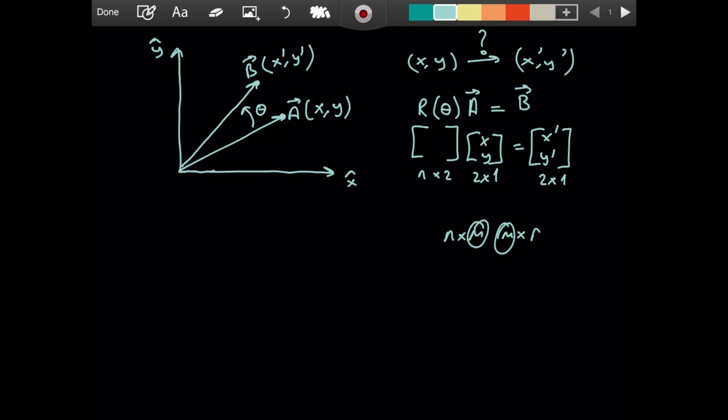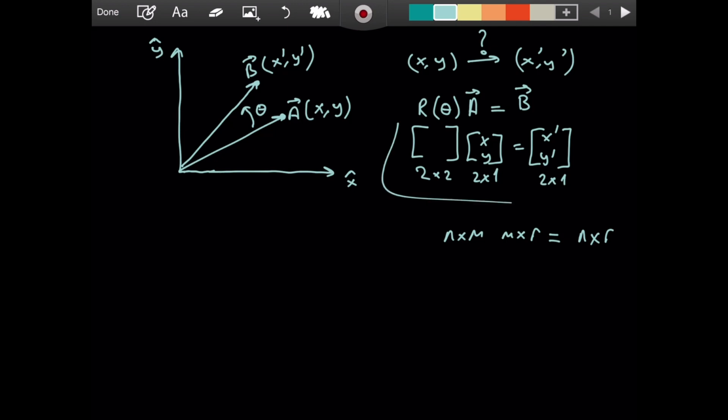If you don't trust me, comment in the comment section. I will make a video about this and I will hopefully answer your concerns. Okay, and when we multiply these two, we get a matrix that is n by r. So looking at the result, we see that n should be 2. Otherwise, we can't get a matrix that is 2 by 1 as a result.